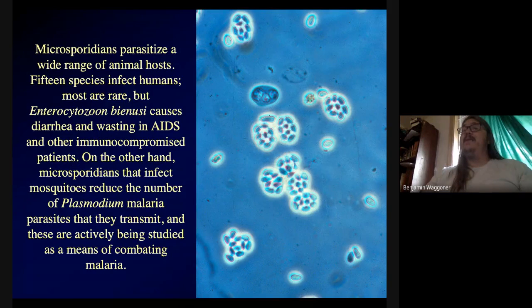At the same time, they also reduce the number of plasmodium that the mosquito may be transmitting. I'm not sure why, and I'm not sure how it works, but mosquitoes that are infected with microsporidians pass on fewer malaria parasites. So this is actively being studied as a means of combating malaria.